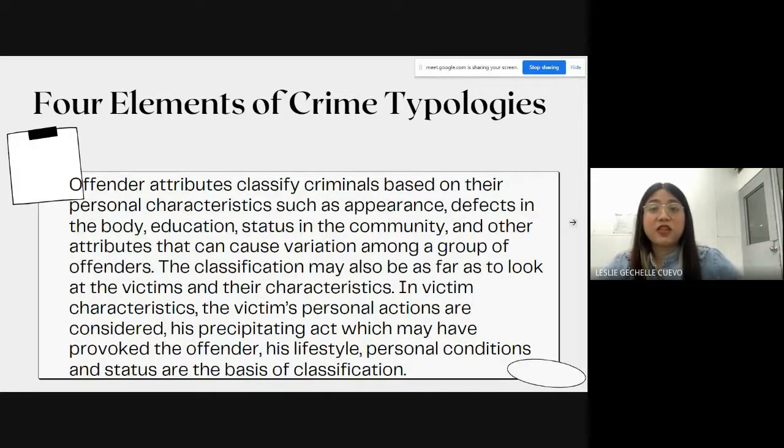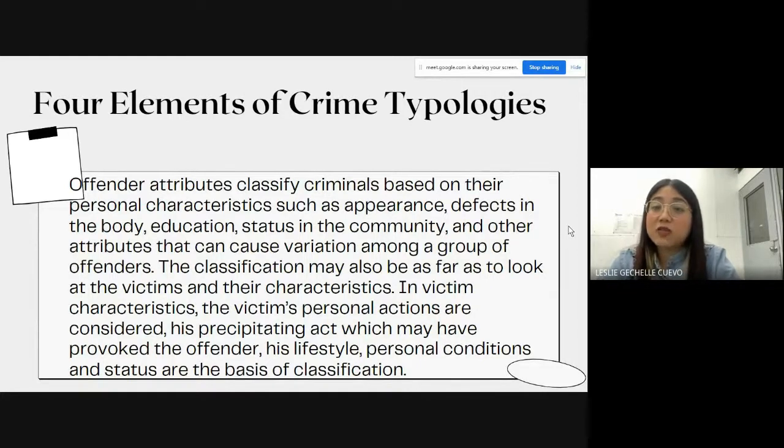So yun, yung offender attributes, tinitignan kung yung grupo sila, yung mga matatangkad, yung mga pandak, yung mga may depekto sa katawan. Ito yung mga nakatapos ng college, ito yung mga may masteral, ito yung mga wala namang napag-aralan o mababa lang ang napag-aralan.